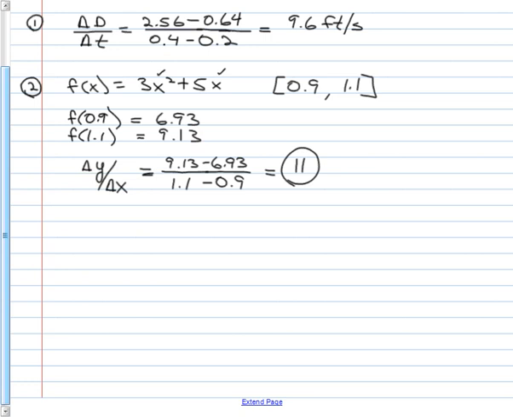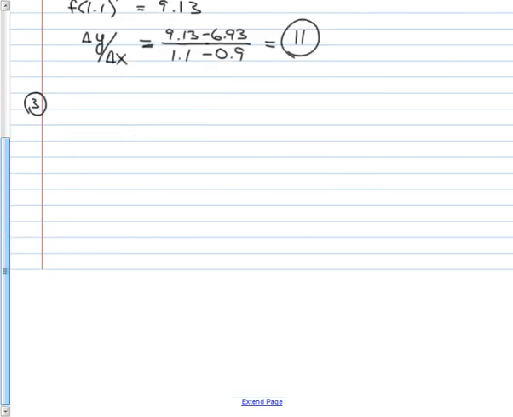Number 3, find the instantaneous rate of change. So these two, we're finding the average between 2 points. Instantaneous rate of change on a function 7x plus 9, where x equals -2.